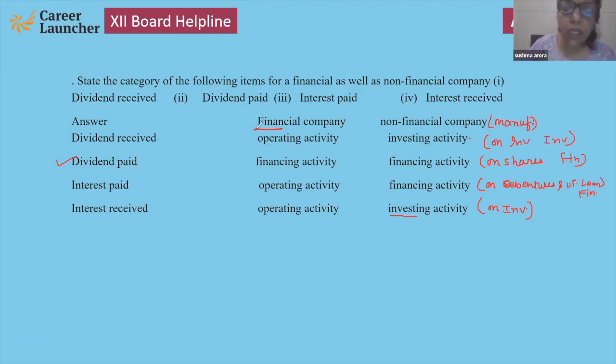But when we discuss financial company, then our pattern will be different. Dividend received, interest paid, interest received are under operating, but dividend paid will be under financing because dividend is always paid on shares issued. Please note down this table, that is beneficial for solving the questions as well as for various MCQs. Okay.